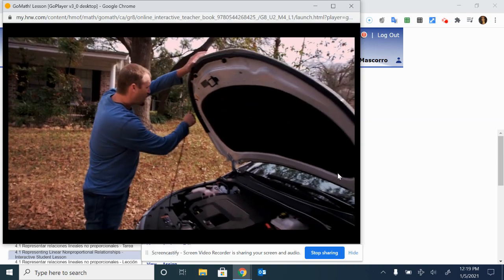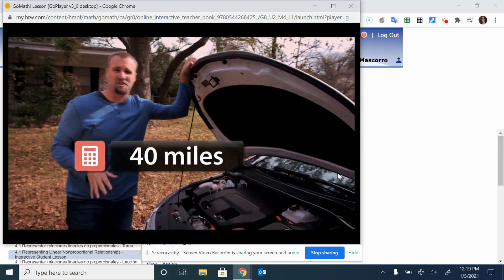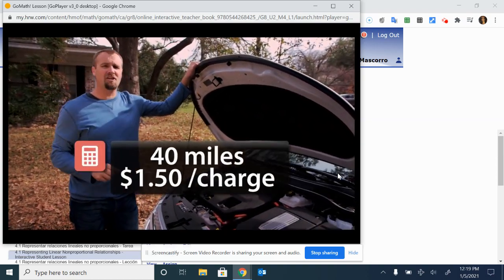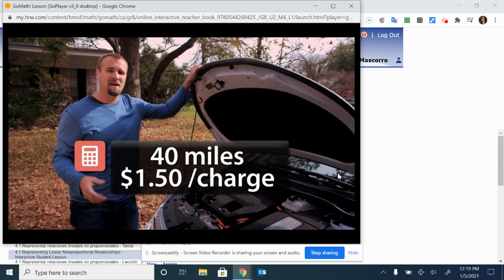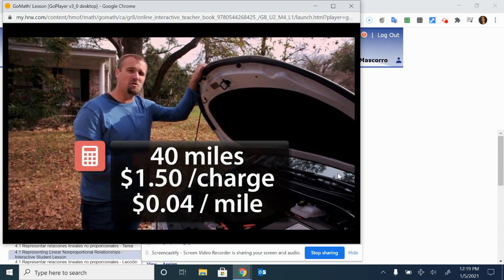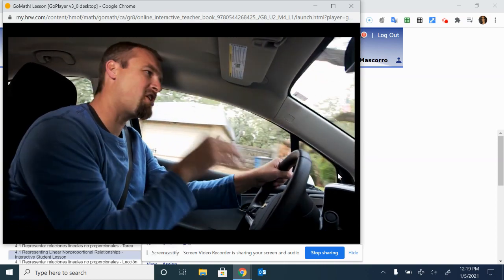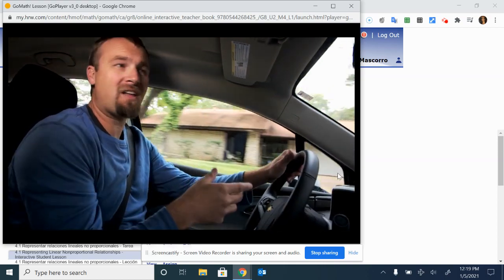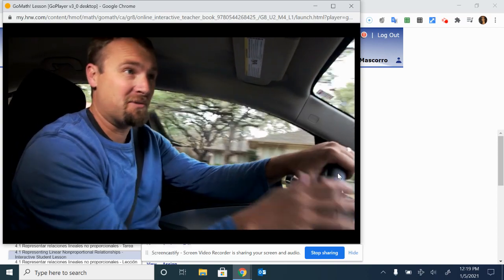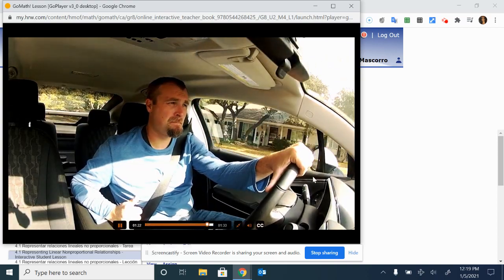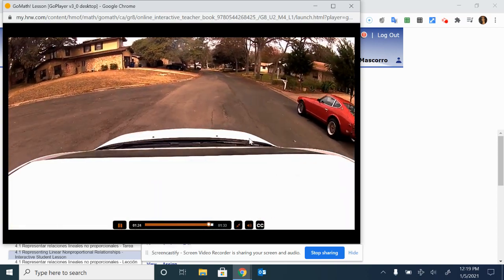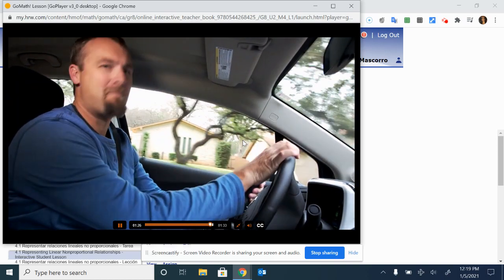The battery in this car will let it drive about 40 miles between charges, and each charge costs about $1.50. That means it's only about 4 cents a mile to drive. So this electric car is going to cost more up front, but over its lifetime, it'll actually be cheaper. And that's another reason math matters.